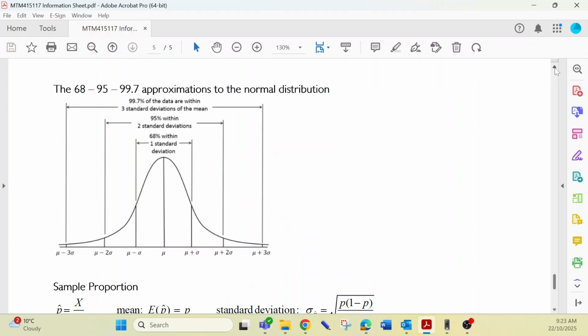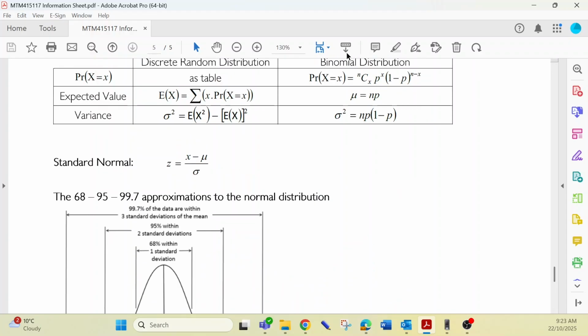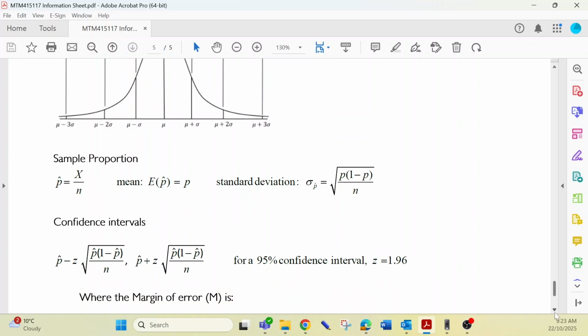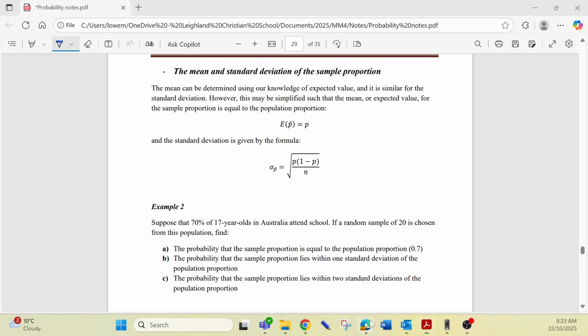You'll notice these are the different ones, so your variance, and the standard deviation is going to be the square root of those. It varies a little bit to what we're doing here, but we still have this p times 1 minus p. It just varies a little bit, specifically for dealing with these statistical samples and so on.